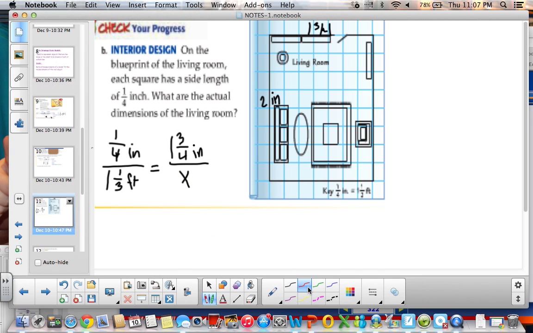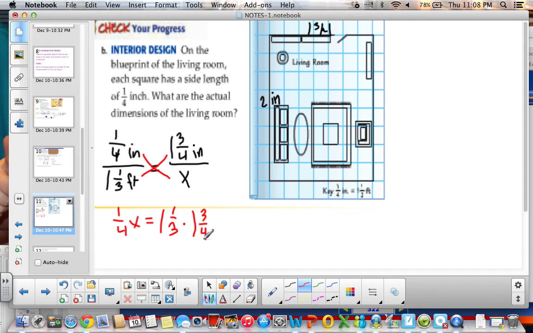So what we're going to do is multiply our cross products. So we have 1/4 x equals 1 1/3 times 1 3/4.